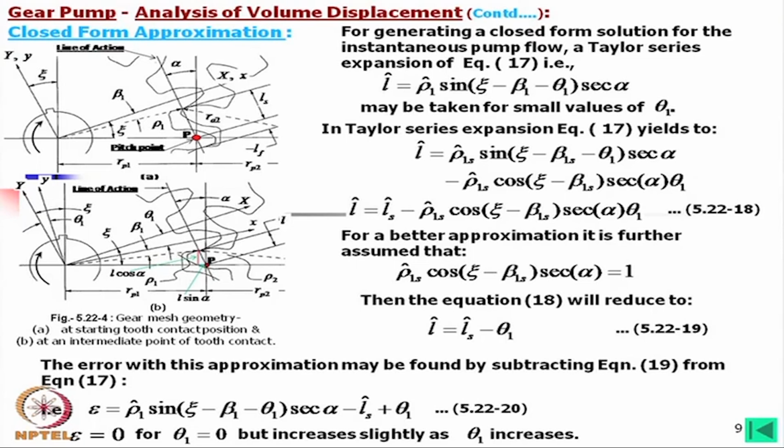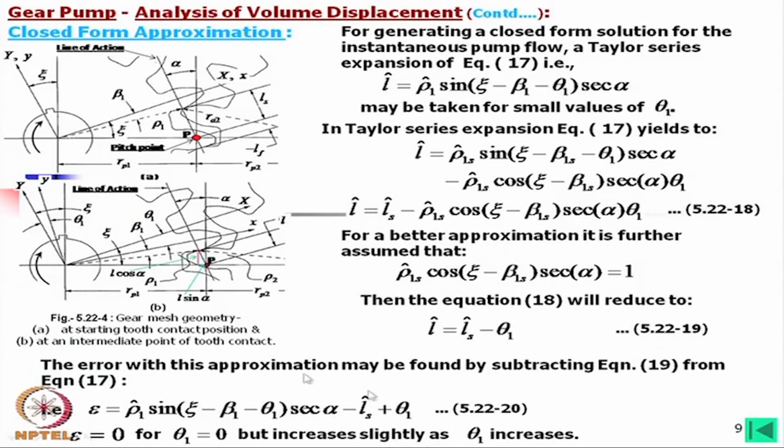You usually will find it is in the range of 20. So, 360 divided by 20 is 18 degree, and you can examine that when theta 1 is 18 degree, if you calculate these angles, you will find that this error is not 0, slightly more, but still it will be within acceptable limit.